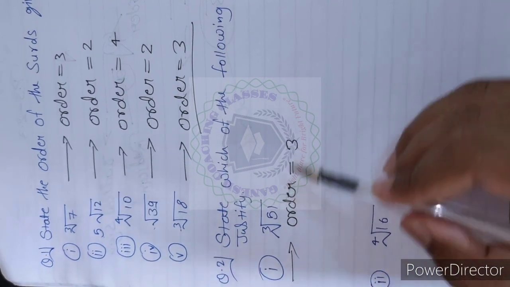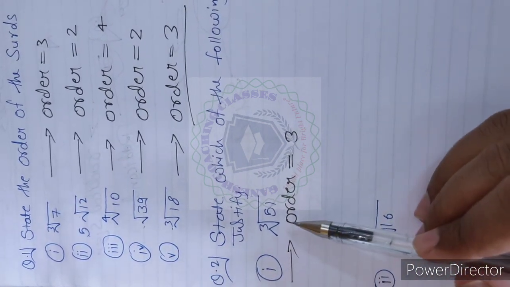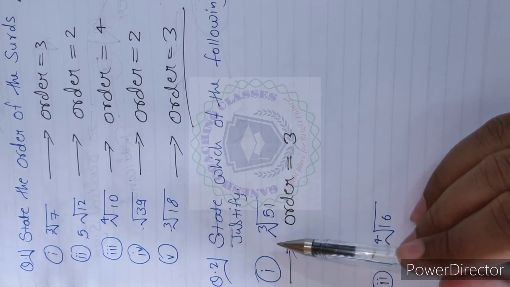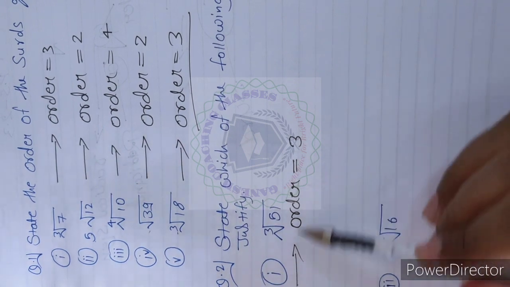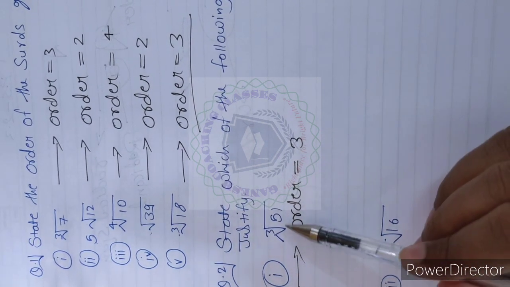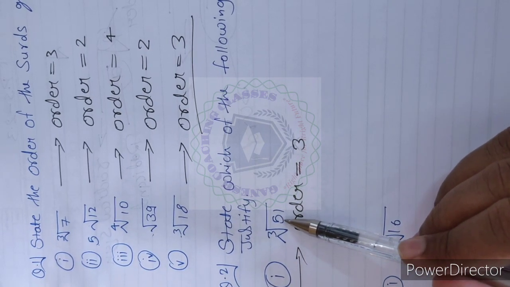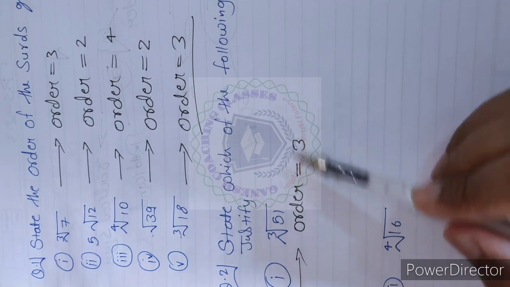So here the order is 3, and we have some predefined values. We know that the cube root of 27 is 3, and the cube root of 64 is 4, and the cube root of 51 lies between the cube root of 27 and the cube root of 64.